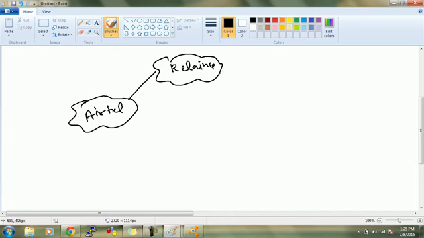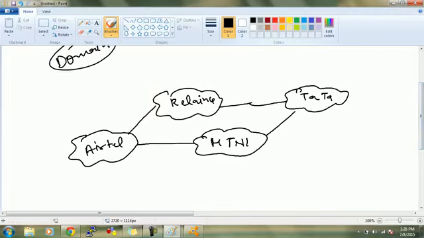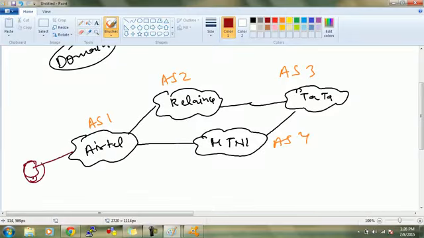Fine. Just think like this is service provider. This is AS1, this is AS2, this is AS3, this is AS4. Here I have a customer router. Fine.